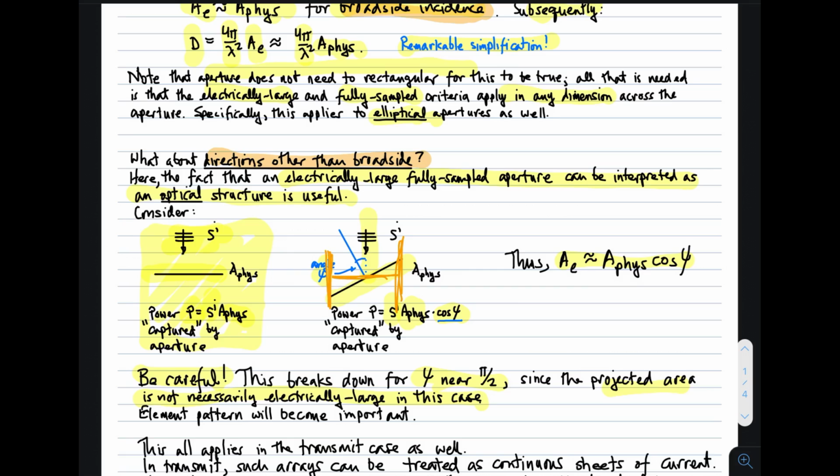In that case, the element pattern will become important. So there is a range of angles around pi over 2 for which we can't use this approximation, and those angles correspond to the angles for which this projected distance is no longer electrically large.